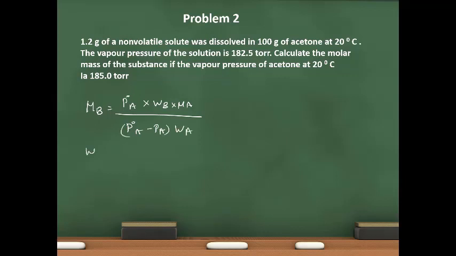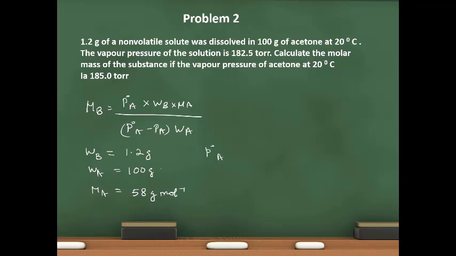Now Wb is the mass of the solute, which is 1.2 grams. Wa is the mass of the solvent, acetone, which is 100 grams. Ma is the molar mass of acetone, which is 58 grams per mole.